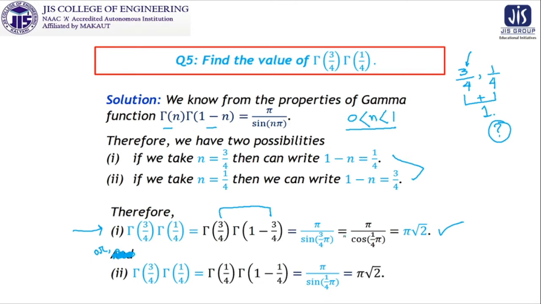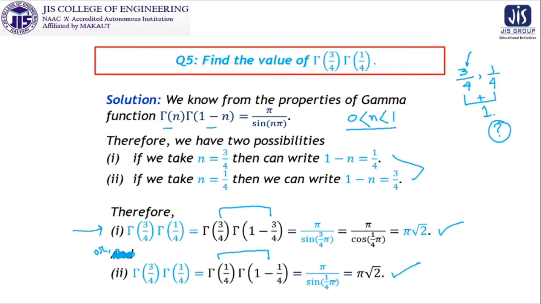Or if you apply the other technique, where n equal to 1 by 4, then you can write the problem as gamma 1 by 4 into gamma 1 minus 1 by 4. So pi by sine pi by 4. So it is pi by root 2, because sine pi by 4 is 1 by root 2.